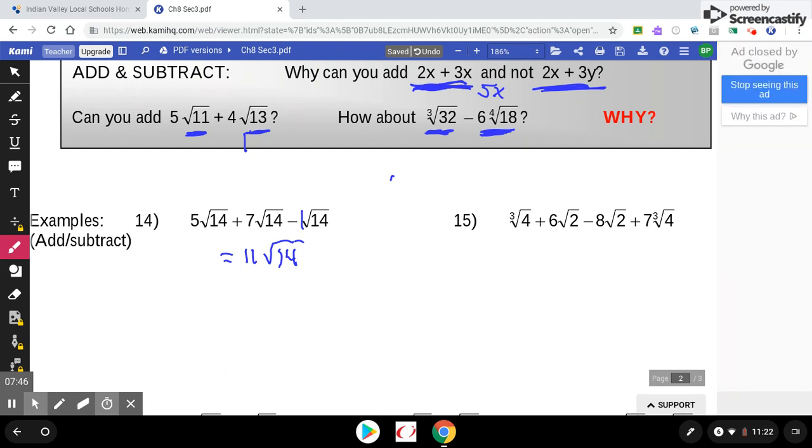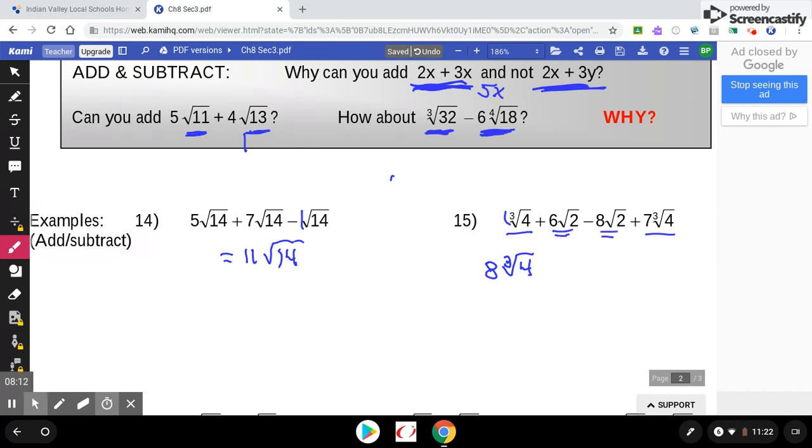All right. So for 15, parts of these are equivalent or like terms. So it's like adding up a bunch of x's and adding separately a bunch of y's. I can't add the x's and the y's together, but I can at least add this guy to this guy. So 1 of these plus 7 of those would give me 8 of the same thing. 6 square root of 2 minus 8 square root of 2.